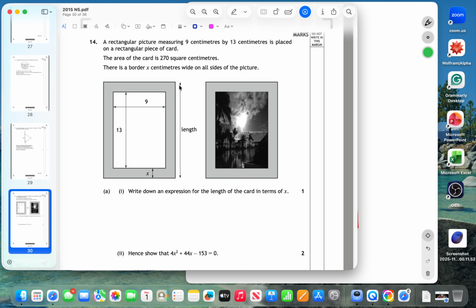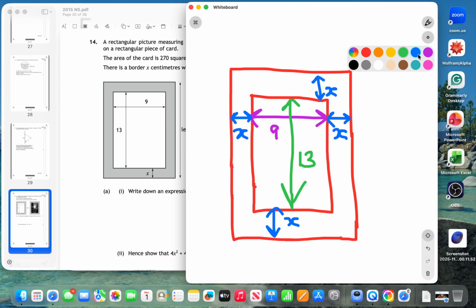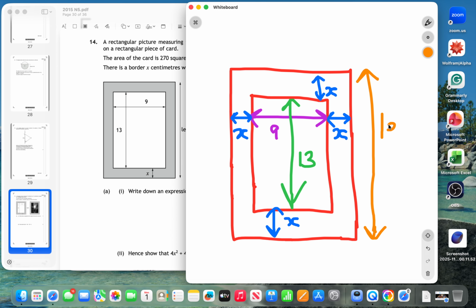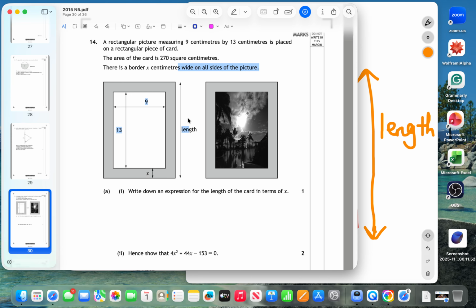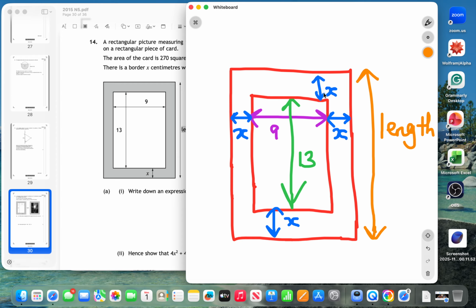And the question asks us to write an expression for the length of the card in terms of X. The length is this part. The length is this, and it goes across this box, and it then includes the border.